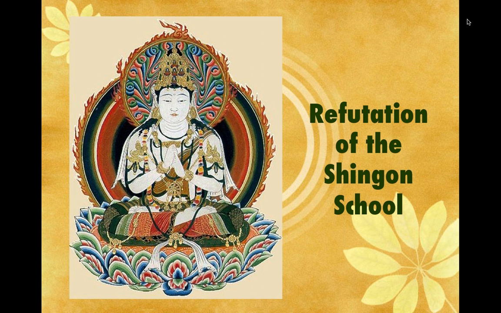All right. The next one we come to is Shingon. Here we see an image of Bodhisattva Fudo, one of many of these kinds of images. Bodhisattva Fudo is the main deity in the Shingon School. I had an art history teacher once say, okay, so you see the way the hands are positioned in this particular deity.